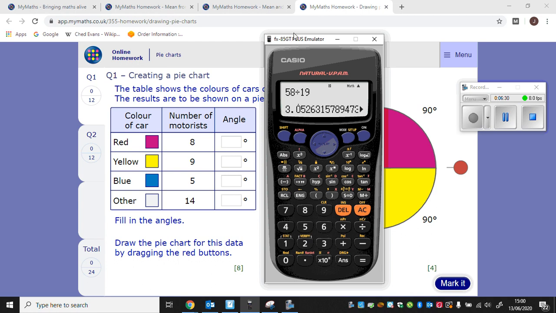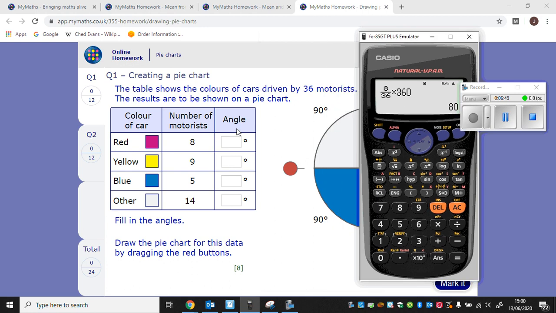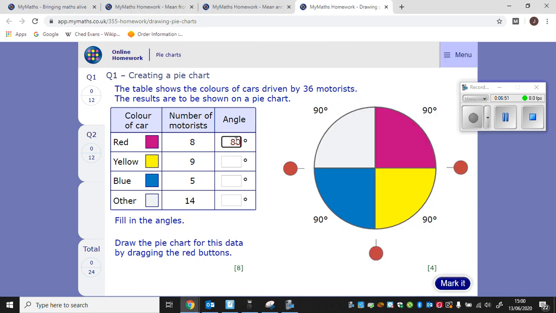So if you go to your calculator, we're saying it's 8 out of 36. That's the fraction of the circle that's allocated to red. 8 out of 36, but the whole circle is worth 360 degrees, so we're going to times it by 360. That tells me that this is going to need 80 degrees.